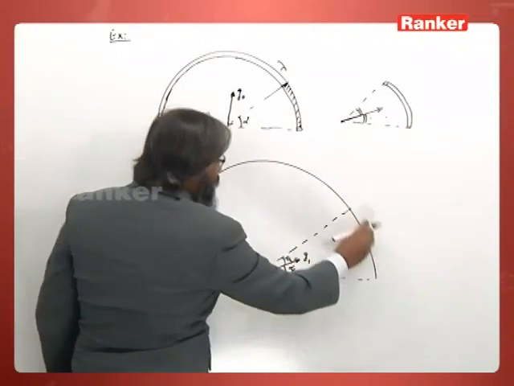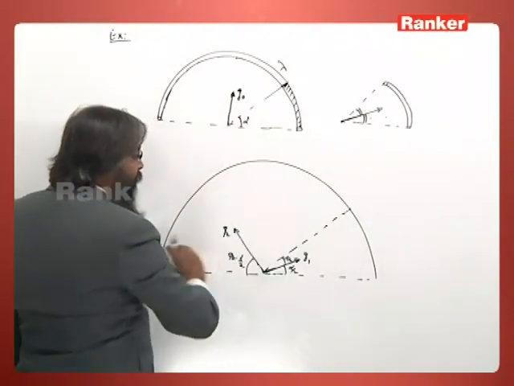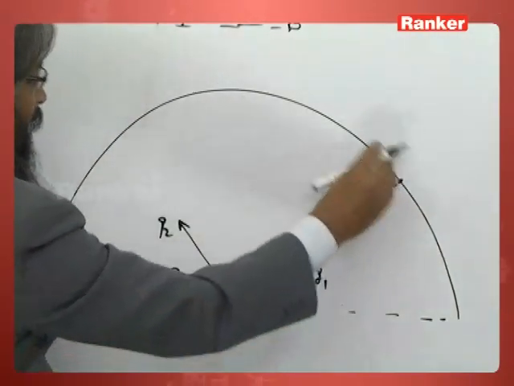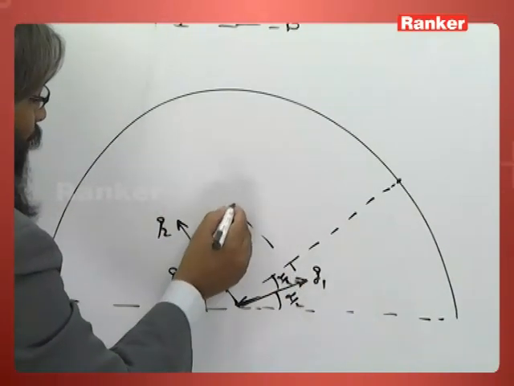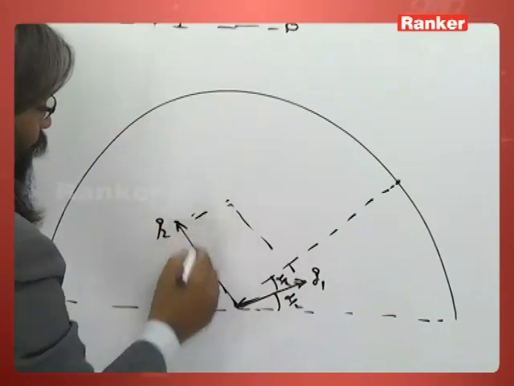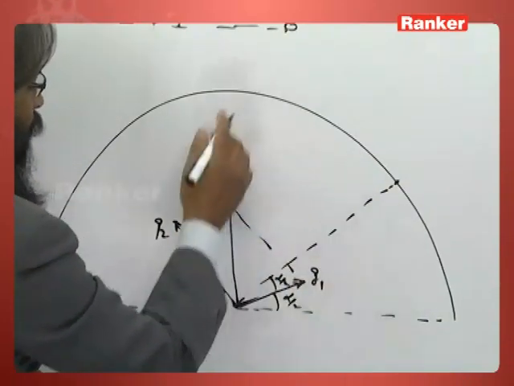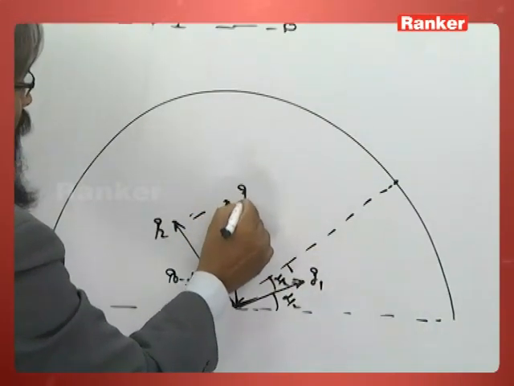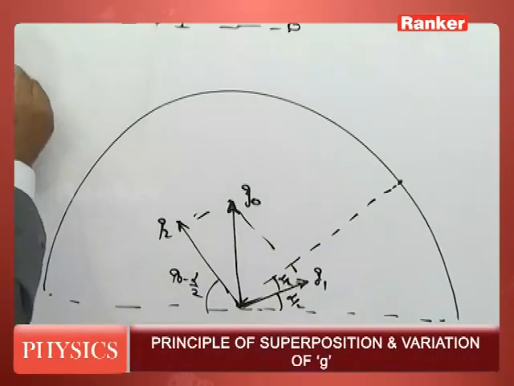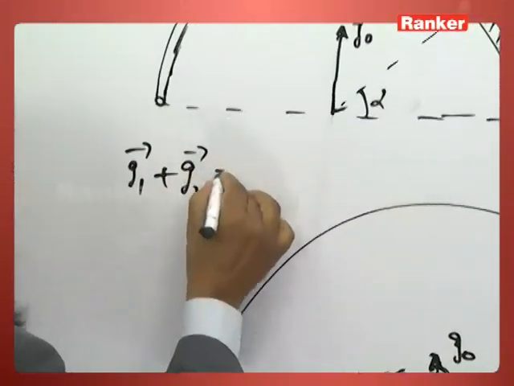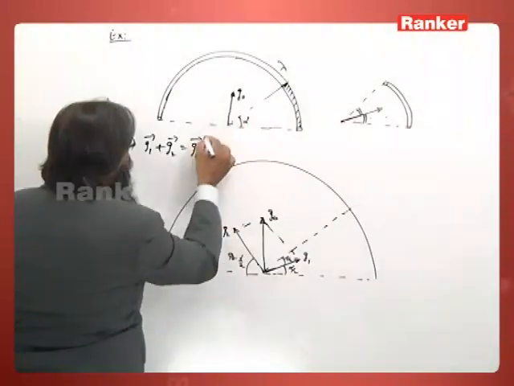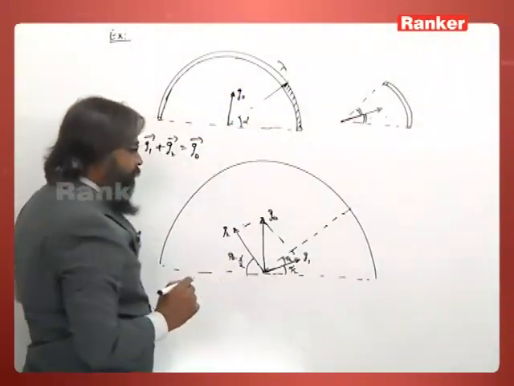So according to the principle of superposition, the total field here due to these two is already given as G naught. So I can write G1 vector plus G2 vector is equal to G naught vector, which is given already.